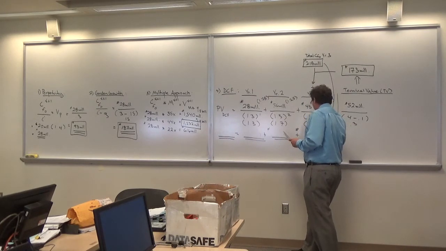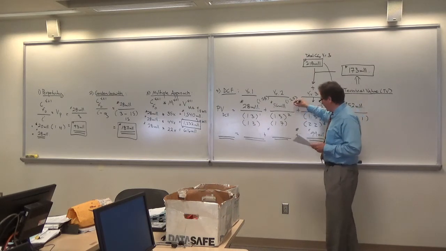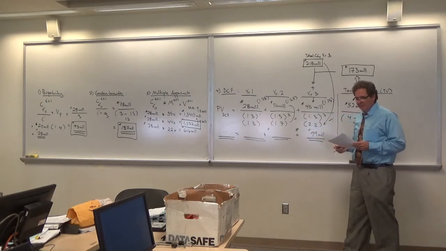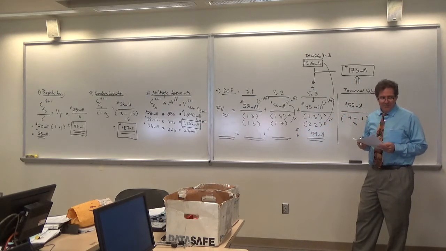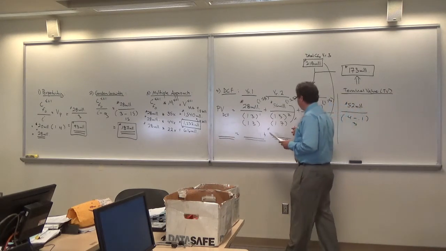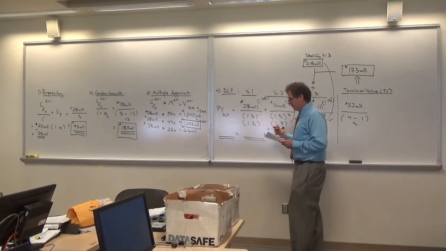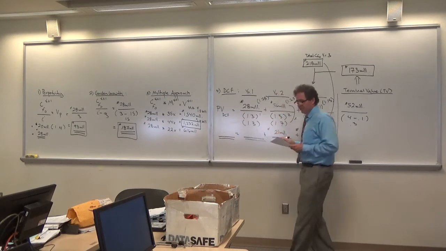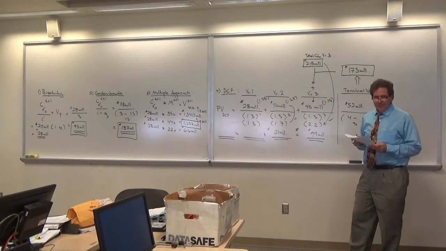Got it, excellent. And what about 36 million divided by 1.7? What does that give us? 21. Okay, and what do we do next? What's the next procedure? 28 divided by 1.3.